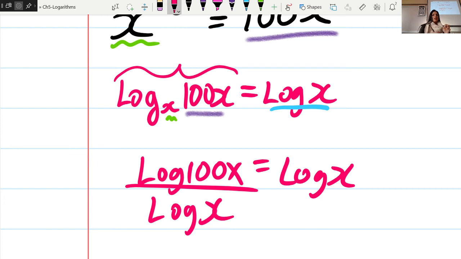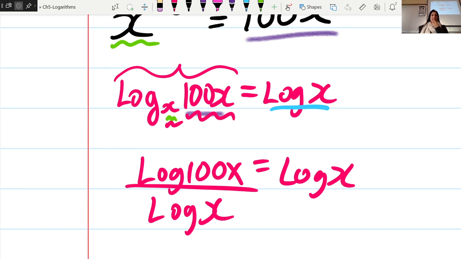So we can take this complicated logarithm with a base of x, and we can rewrite it by separating that and that into this form here. So far, so good? Believe it or not, it's getting a little bit better because now at least the base is 10 in all of them, right?